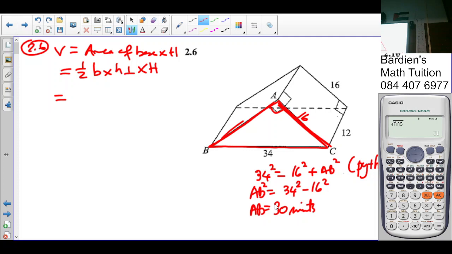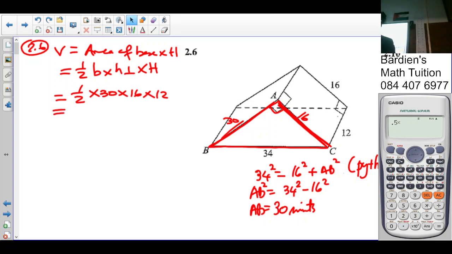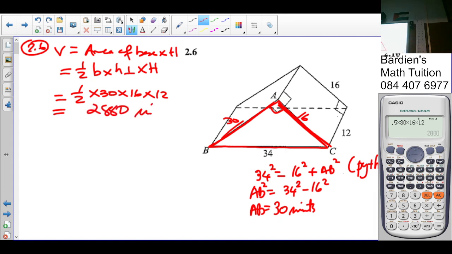That will be half times 30 times 16 times 12. Half times 30 times 16 times 12. The answer is 2,880 units.